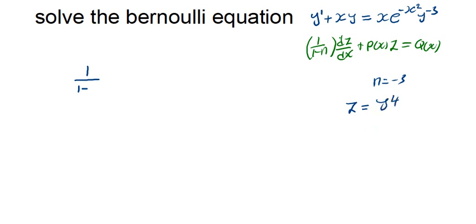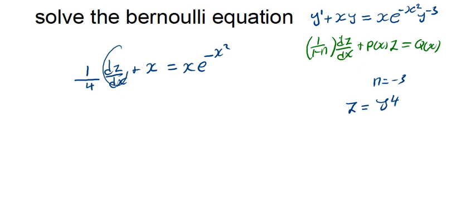So you can put the same minus 3 here, and it's just going to be positive, so that's going to be plus 3, and that's just going to be a 4 down here. So we'll have 1 over 4 times dz dx plus, what's our p of x? Our p of x is what you have here, which is x, and your q of x is what is here, which is x e to the minus x squared.